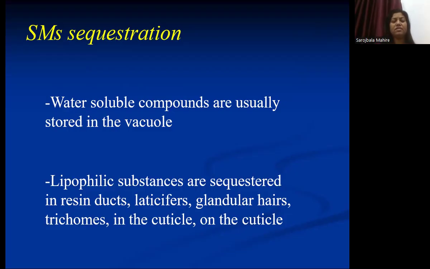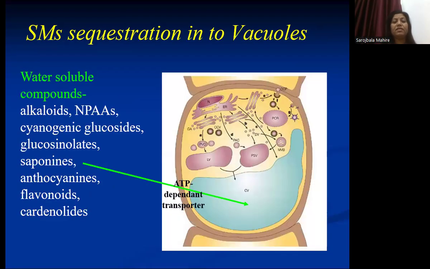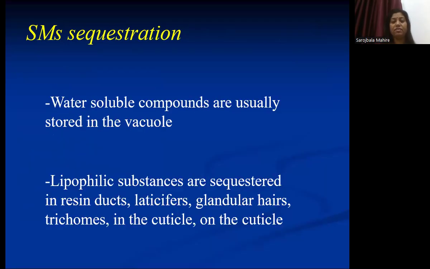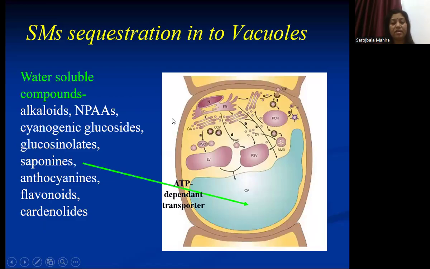We can see that they are stored in resin ducts, laticifers, glandular hairs, trichomes, or in the cuticle. Secondary metabolites sequestration in the vacuole. So in this slide we have seen the sequestration in the vacuole.